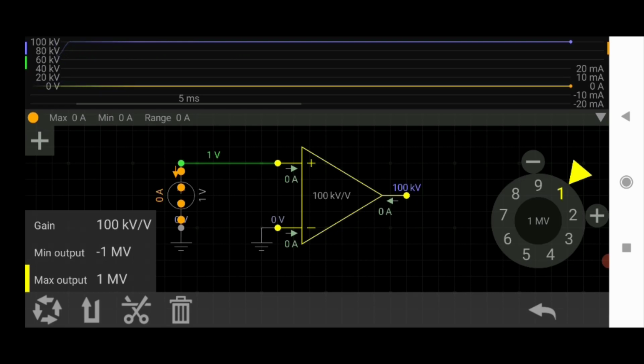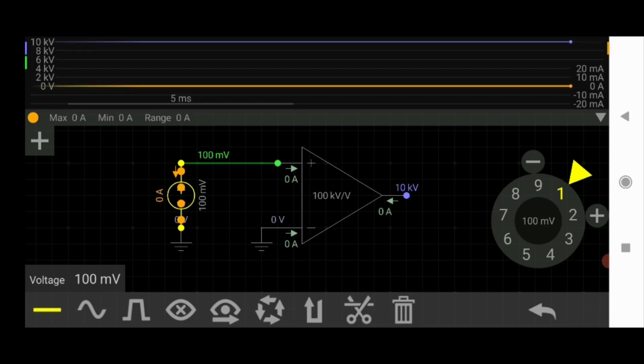We also set the op-amp gain to 10 to the power 5. Then our output voltage will be 100 kV as shown in the figure.